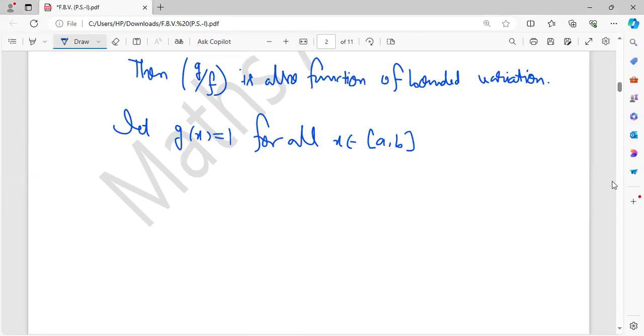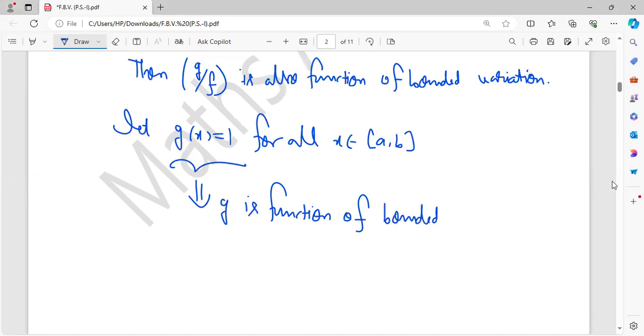So we know that this is a constant function. So this implies g is a function of bounded variation, because it is a constant function, or you can say monotonically increasing, because constant functions are monotonically increasing as well as monotonically decreasing.